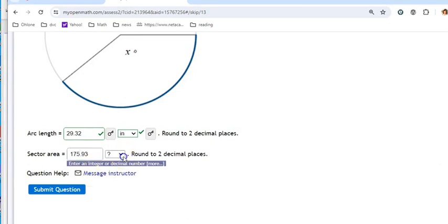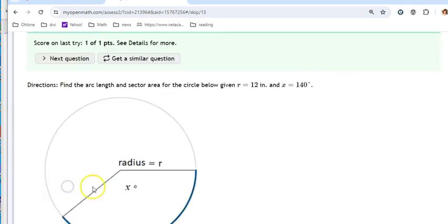And it is inches square because it's area.